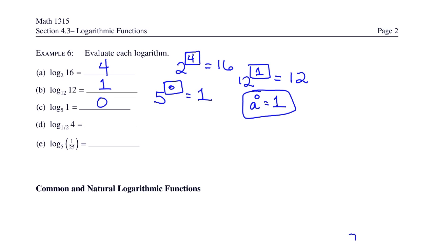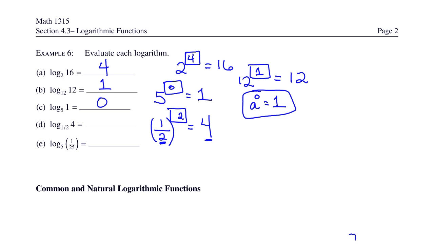Part D, log base 1/2 of 4 is equal to what? So this one would be 1/2 raised to what power is equal to 4? And there's two parts to this one. First off, you're going from a 2 to a 4, so that involves squaring.